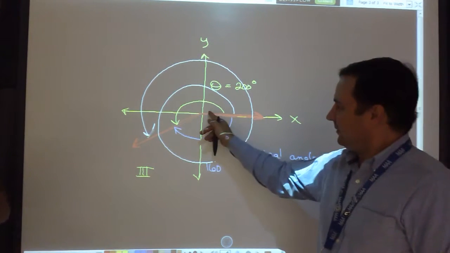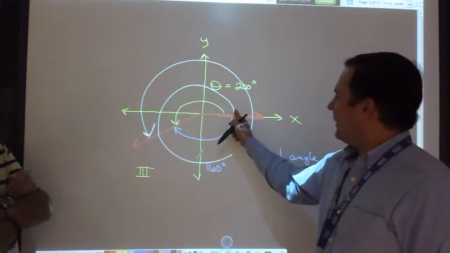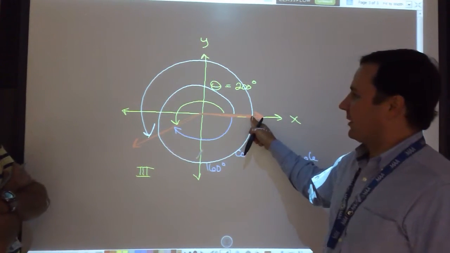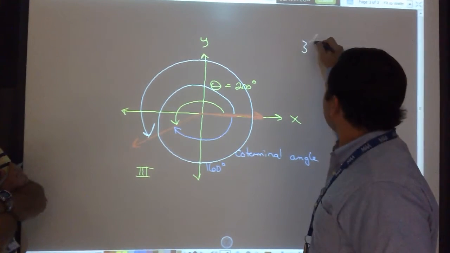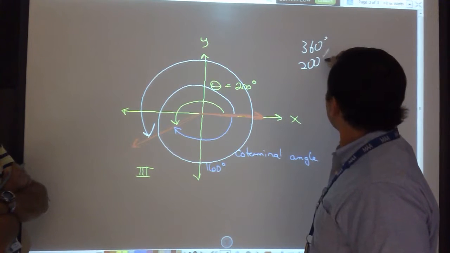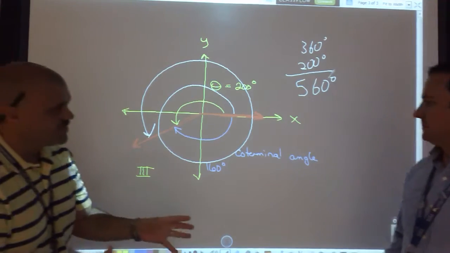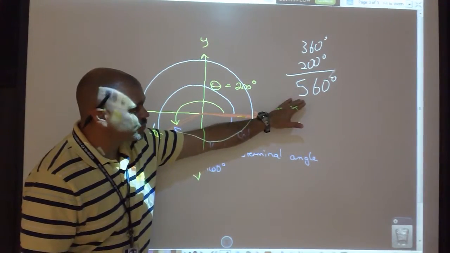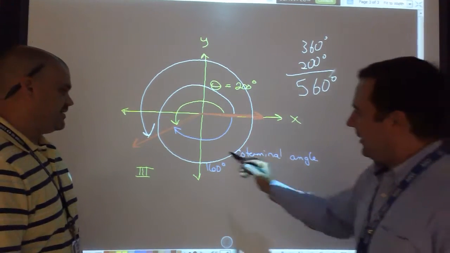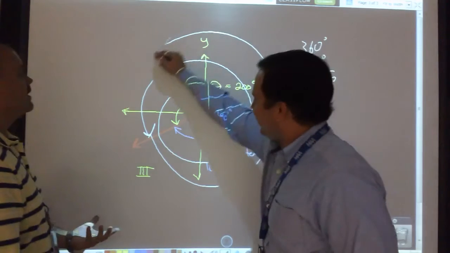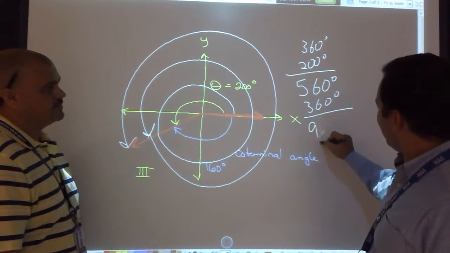It's a different angle with the same terminal side, and I went a full 360 degrees, then this 200 degrees, for a total of 560 degrees. Okay, so what you're trying to tell me, Mr. Simmons, is this is also a coterminal angle to theta of 200 degrees? Also a coterminal angle. And if you wanted, you could go an additional 360 degrees and have a 920 degree angle.